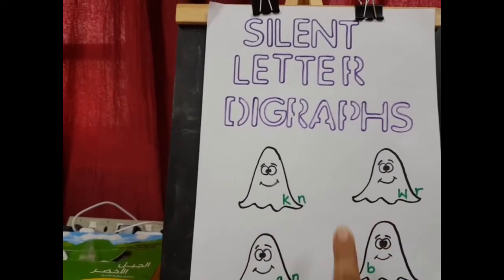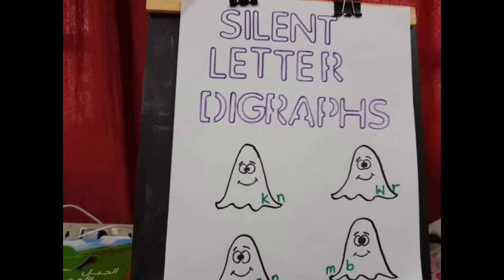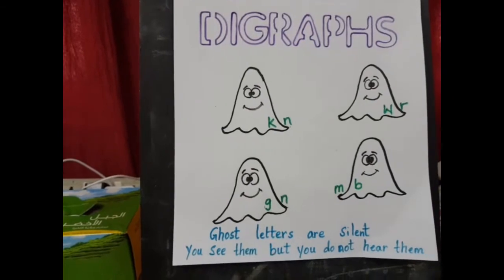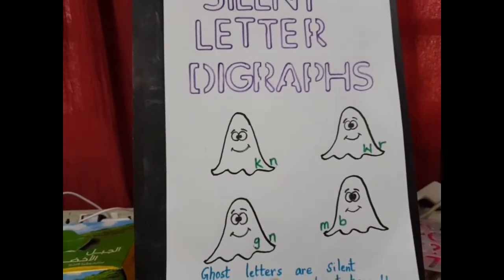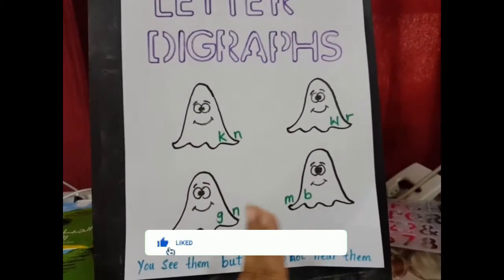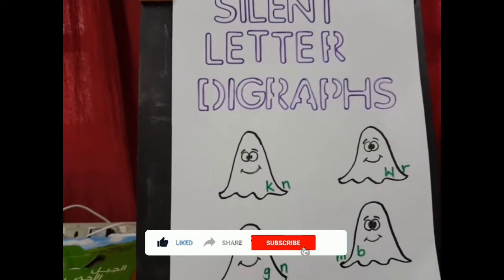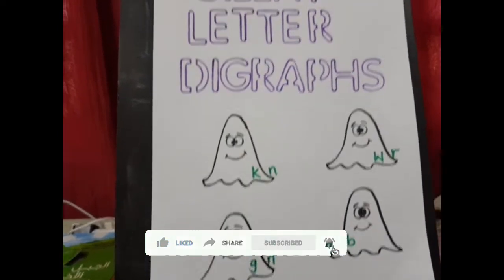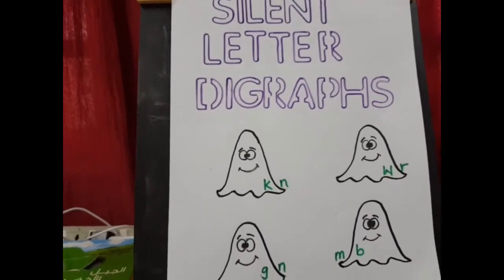So one letter will be silent. That is why they are also called silent letter digraphs or ghost letters, because you see the letters together but you don't hear them. So now let's study those digraph related words. Let's start.